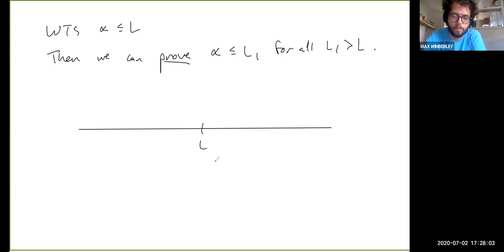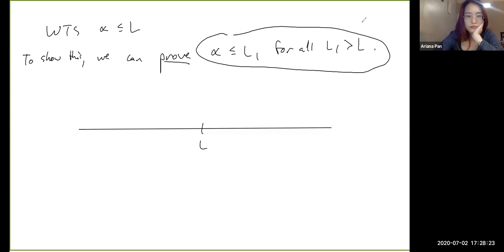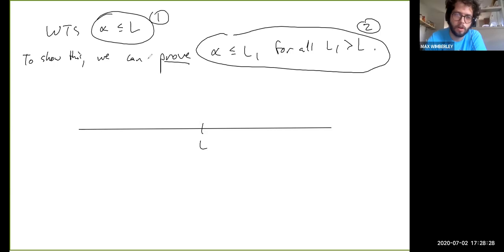So here's L, right? When I say 'then', what I really mean is to show this, we can prove this instead. So let's call this 2, and let's call this 1. What I'm claiming is that if 2 holds, then 1 holds.